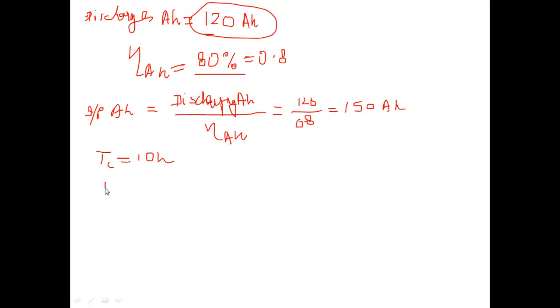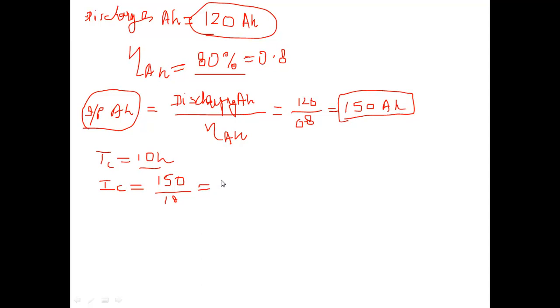Therefore, the charging current should be the input ampere hour, that is the input 150 Ah, divided by the time of charging, which means that we will have 150 ampere hour divided by 10 hours, that is 15 ampere.